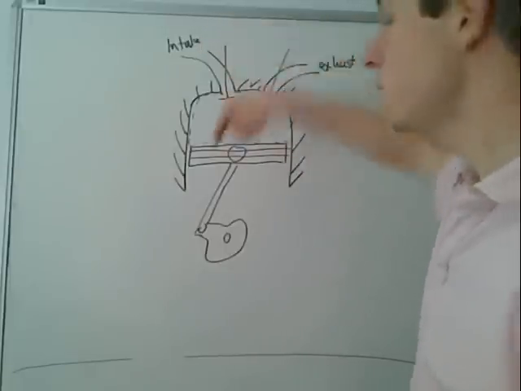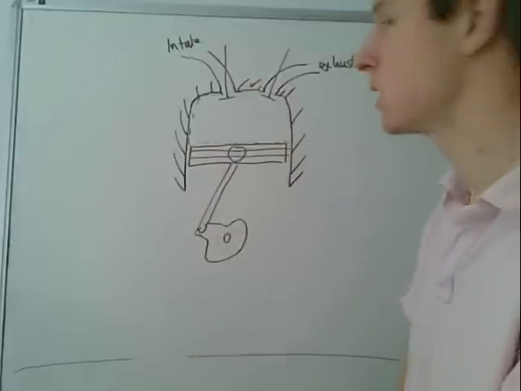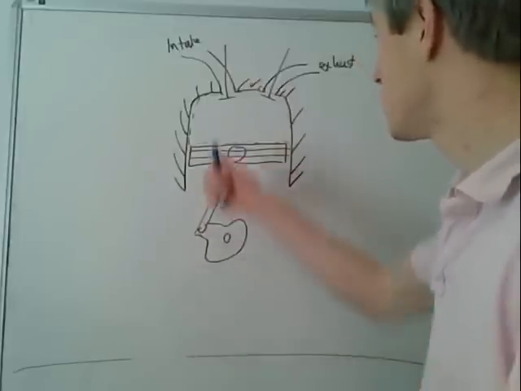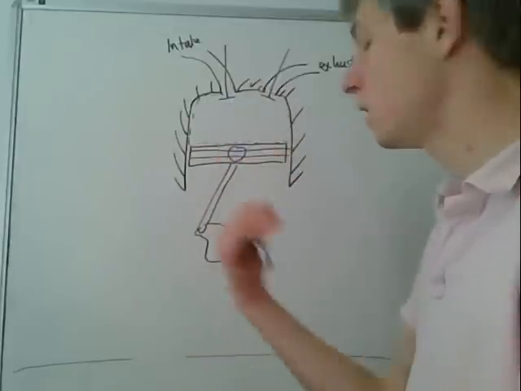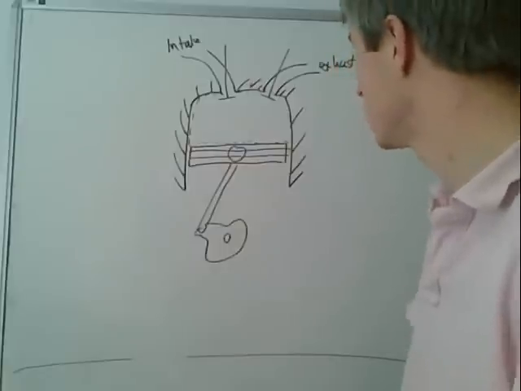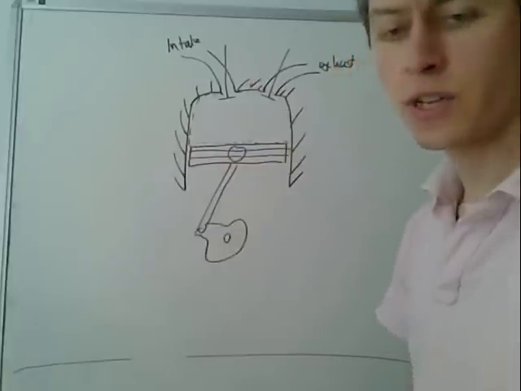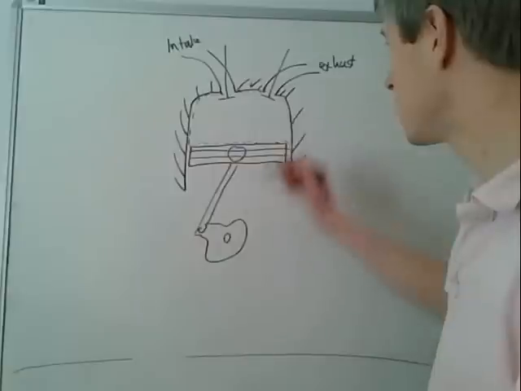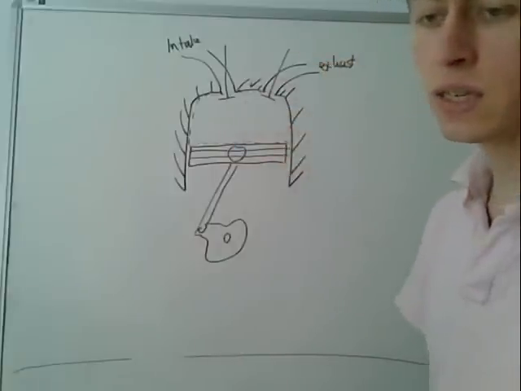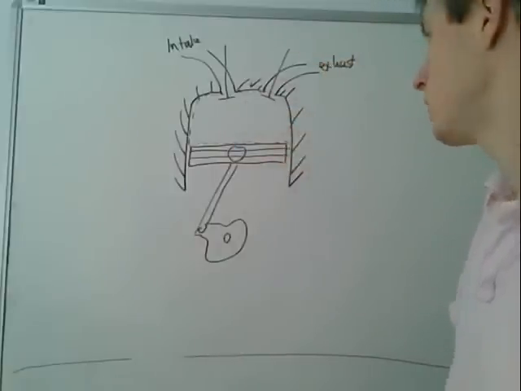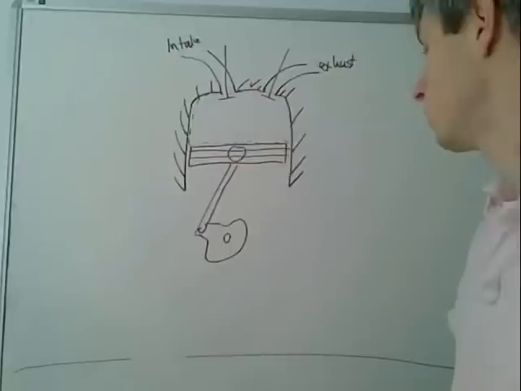So actually chemical energy gets convected into this system when the intake port is open, and the fuel-air mixture is inducted. And one of the major transfers of energy or heat energy is actually the convective flow of heat out of the exhaust port when that valve is open.